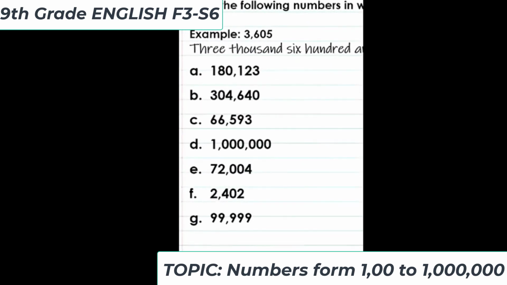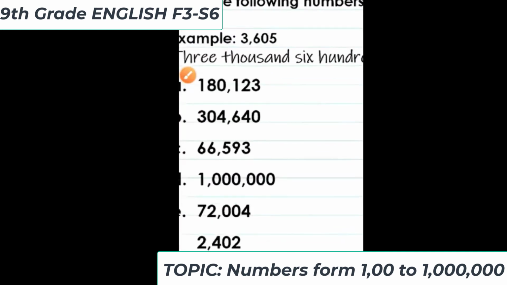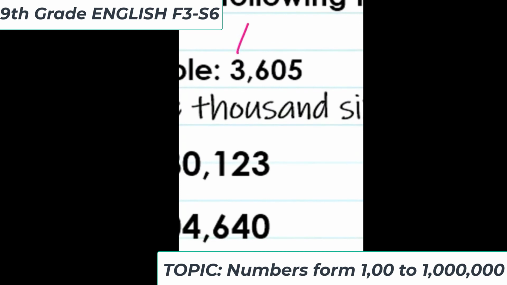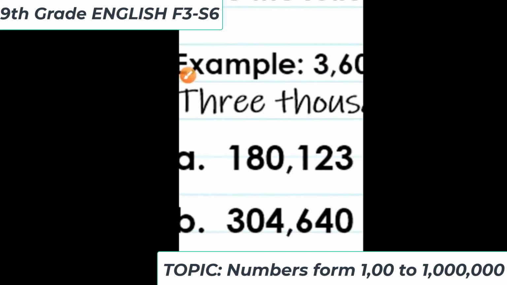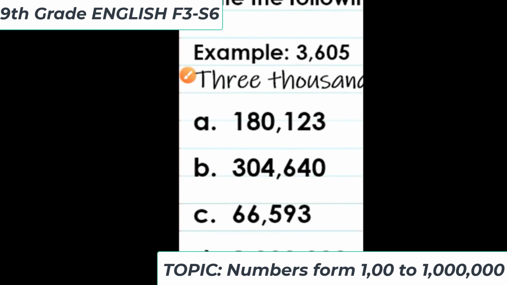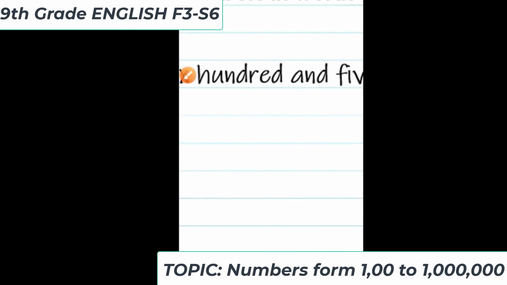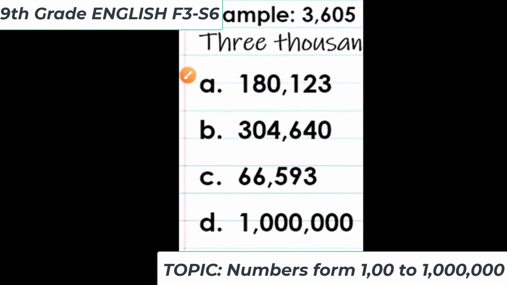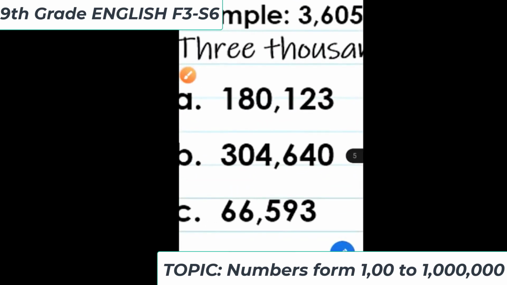Here. Example, 3,605. Let's see if it's correct. 3,000, yes. 605, yes, that's correct.